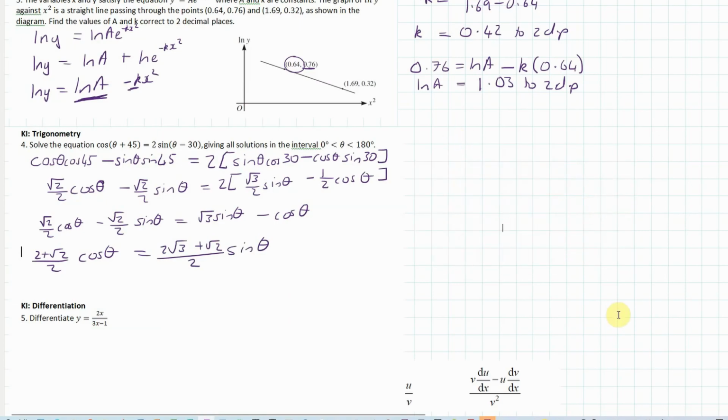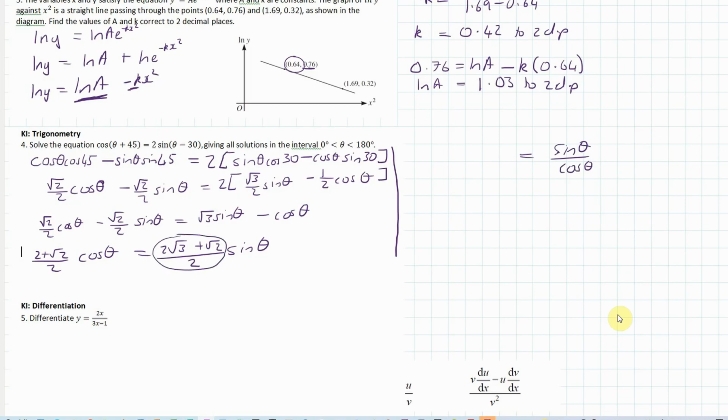Okay, now what we're going to do at this point is divide both sides by cosine. So on my right hand side, I'm going to have sine theta over cosine theta. And on the left hand side, I'm going to divide both sides by that, so I'll have essentially this divided by this.